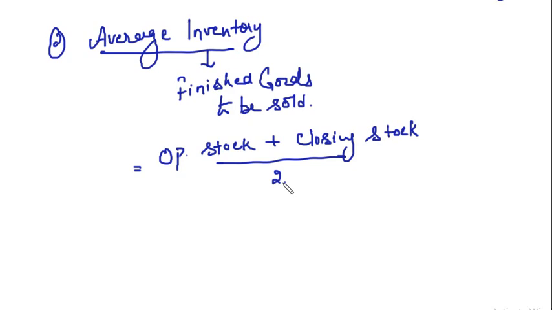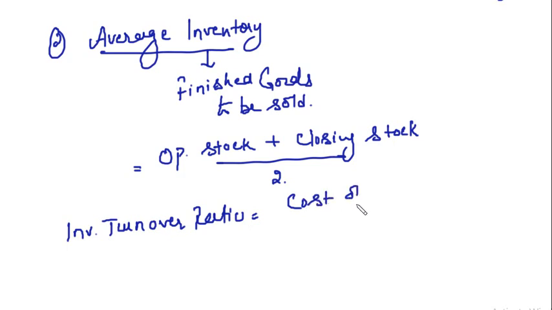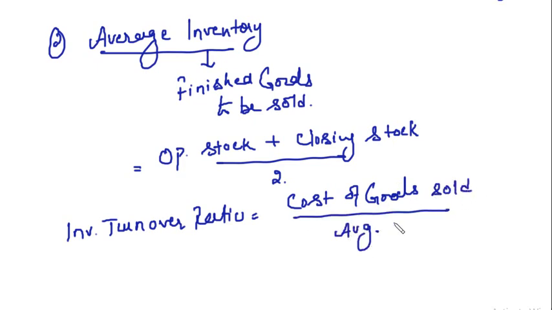Clear? So now you can build the relationship between inventory turnover ratio, that is the cost of goods sold, divided by average inventory.